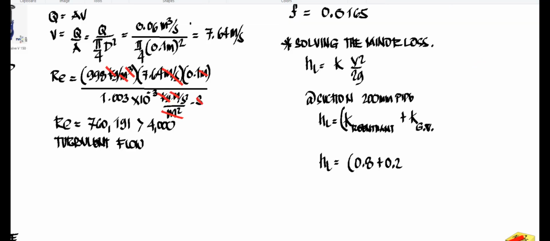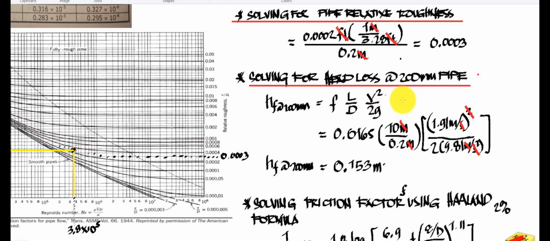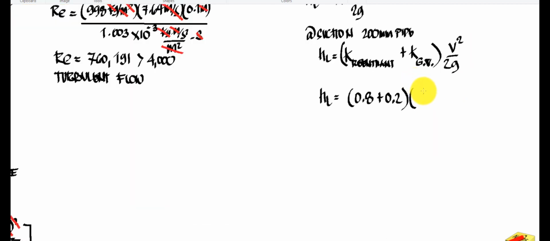So this is multiplied by the velocity squared divided by 2 times the gravity. The velocity here is on the pipe on the suction, so for the 200 pipe, we have the velocity which is 1.91. Substituting that, we have 1.91 meter per second, raised to square, then divided by 2 times 9.81 meter per second squared for the gravity.